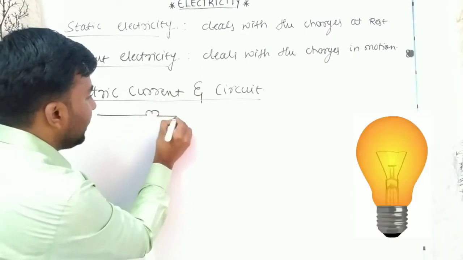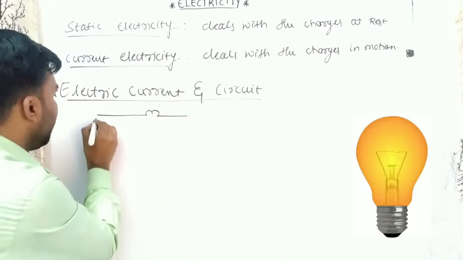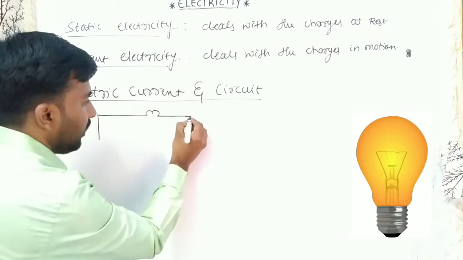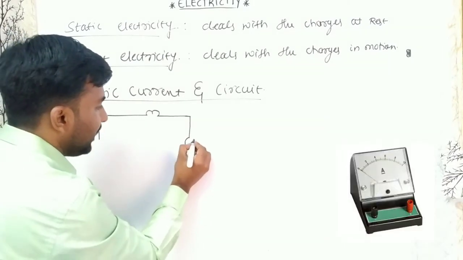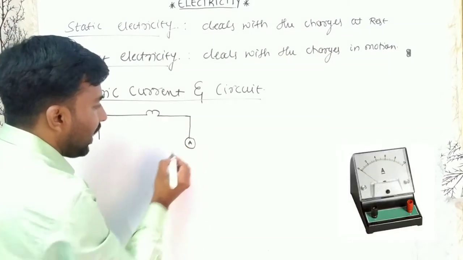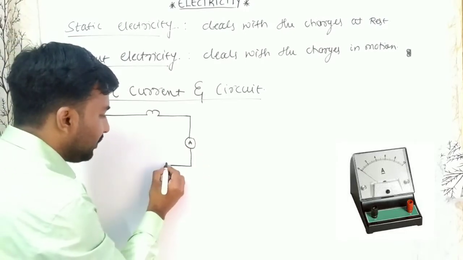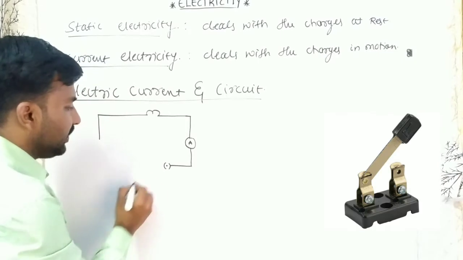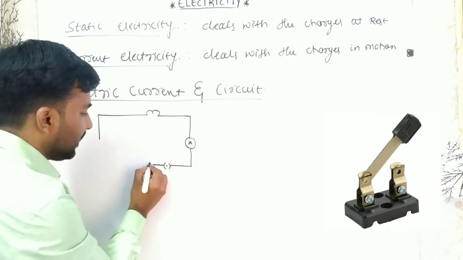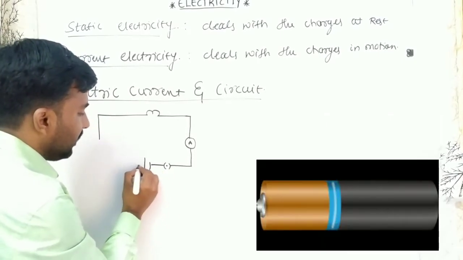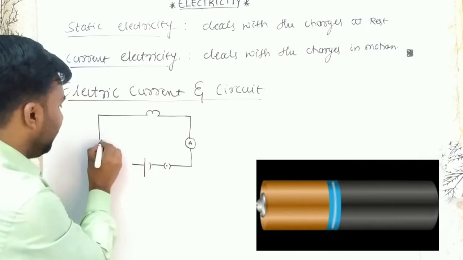which has an electric bulb and one device called an ammeter, which is connected to the switch, and the switch is connected to the cell or the battery.